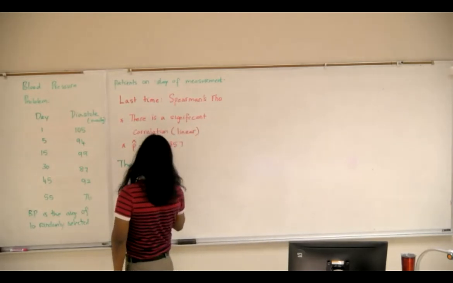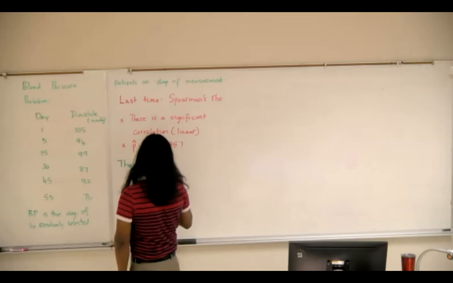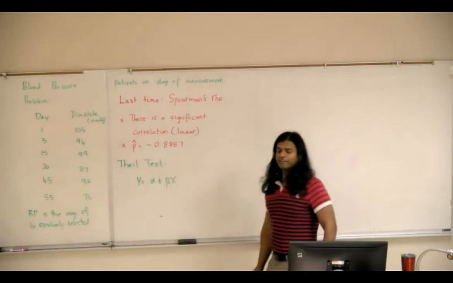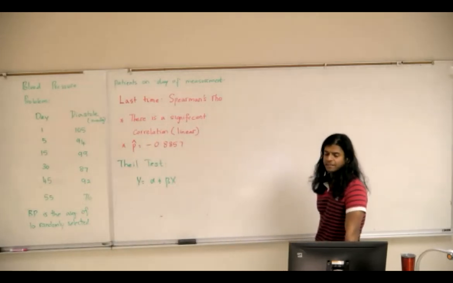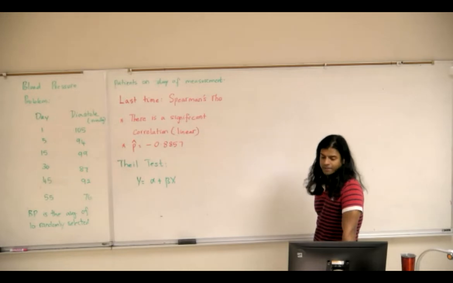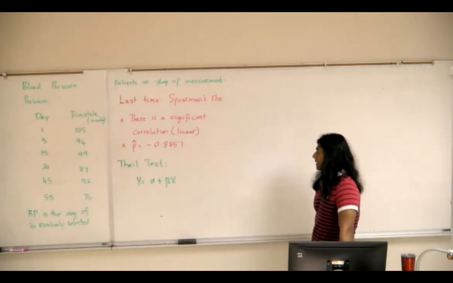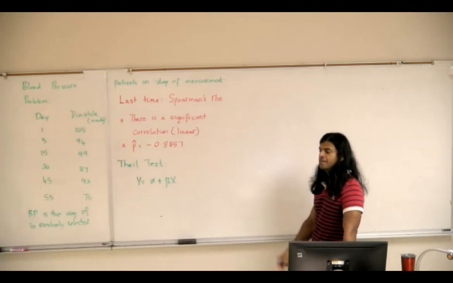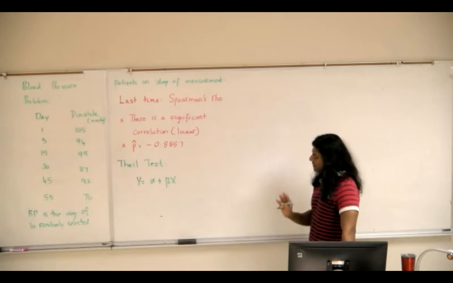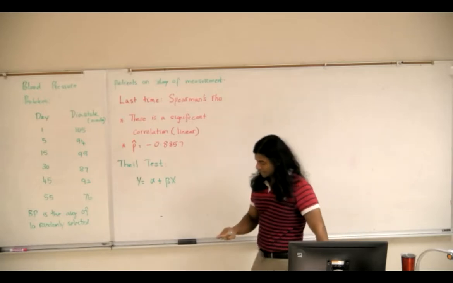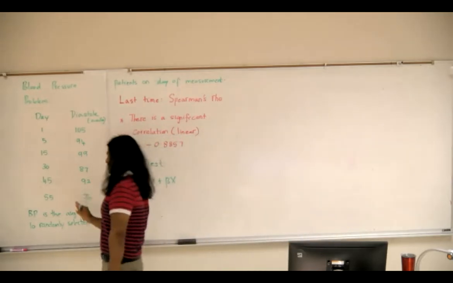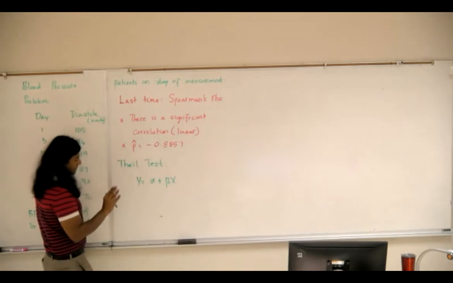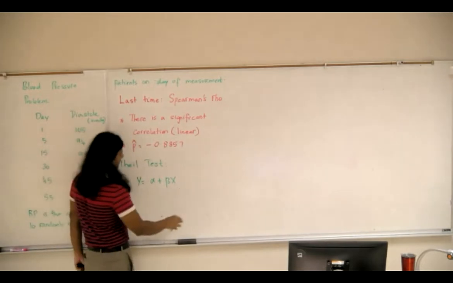Suppose we have a linear model, y equals alpha plus beta times x. Alpha is the intercept, beta is the slope. If y and x are related statistically, beta will not be 0. It doesn't matter whether it is positive correlation or negative correlation, but beta cannot be 0.